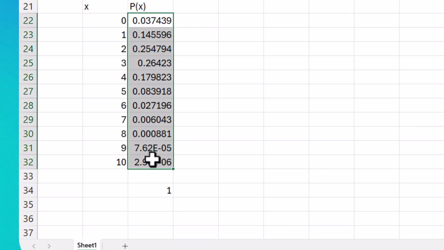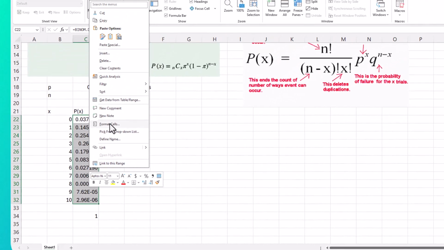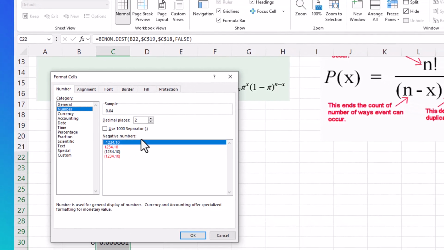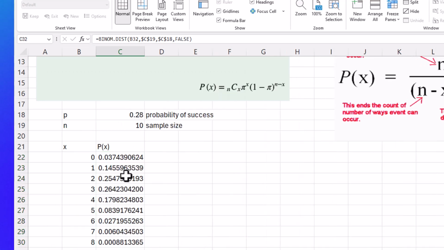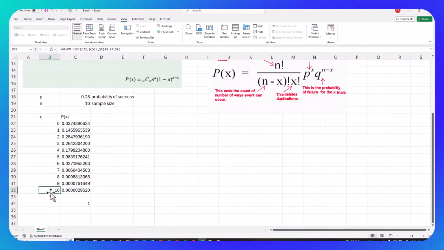What I probably would do is highlight all of these, right click, format cells, number, and I know I at least need about 6 decimals, so I'm just going to put 10 decimal places. This way now I can see these exact values. So there's a very, very, very small probability that all 10 purchases out of this sample of 10 would be made with a credit card.